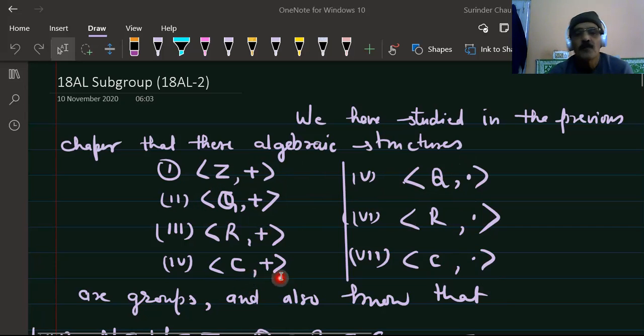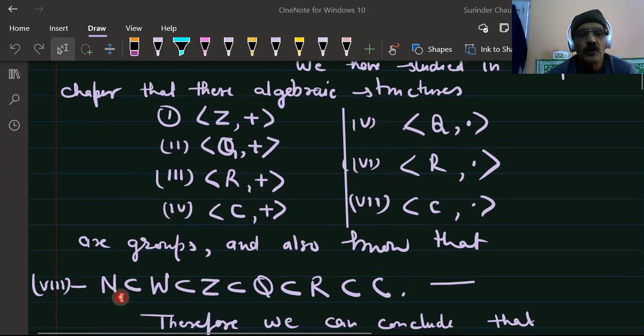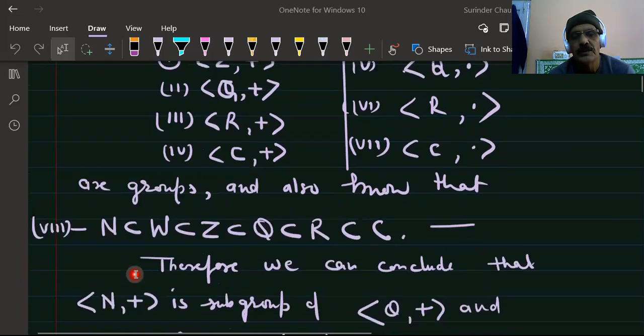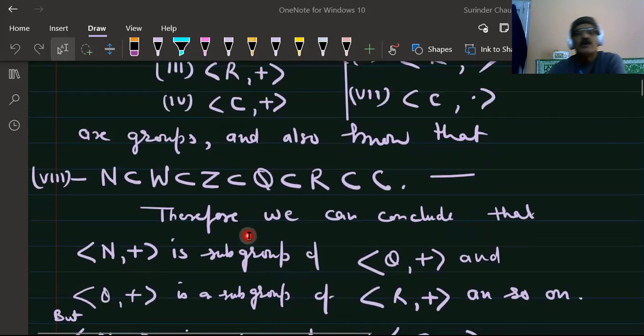Right? Now we also know that the set of natural numbers is contained in the set of whole numbers, which is contained in the set of integers, rational numbers, real numbers, and complex numbers. This is how the different number systems are related to each other, how one set is contained in the others as a proper subset.